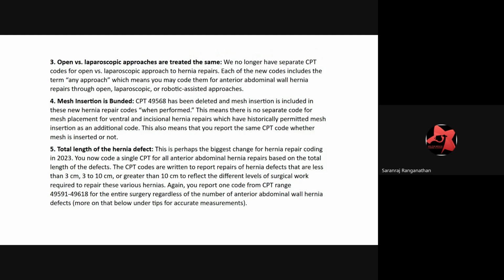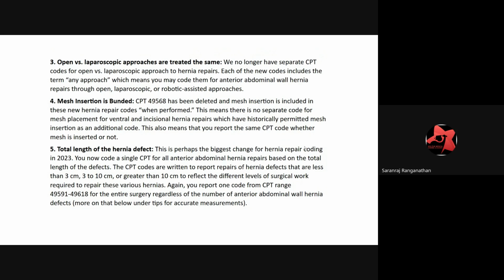In an open procedure they will open that place, push the colon towards the inside part, then if necessary they will place the mesh and tie it with the repair. If in case laparoscopy, they do the same. They will insert the colon back and if needed, they will place the mesh and seal it like that only.